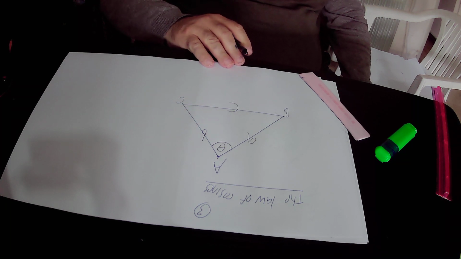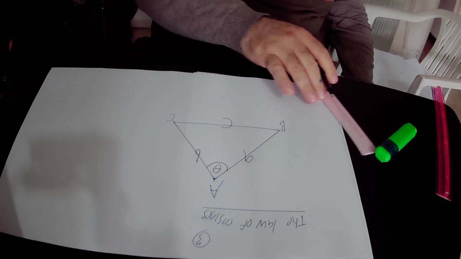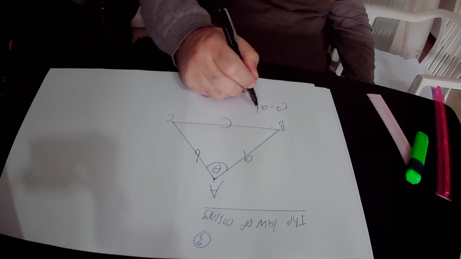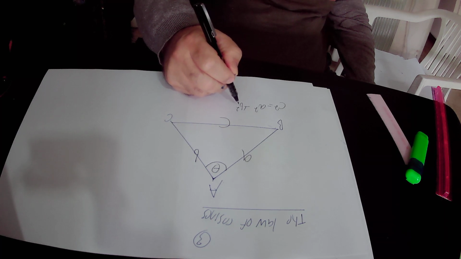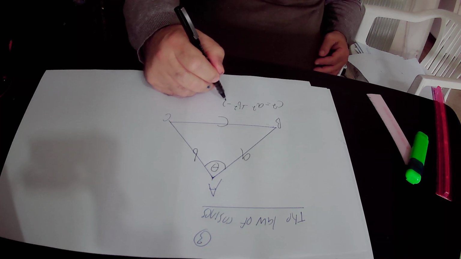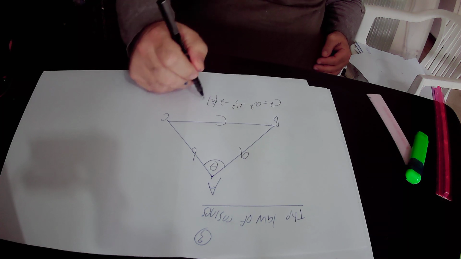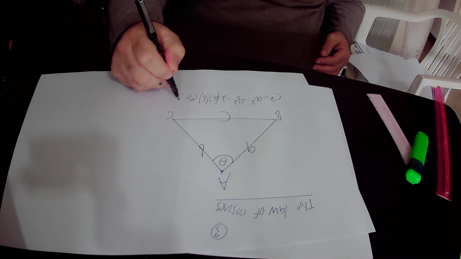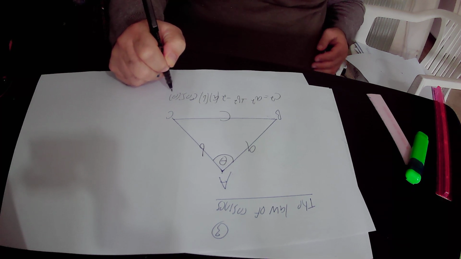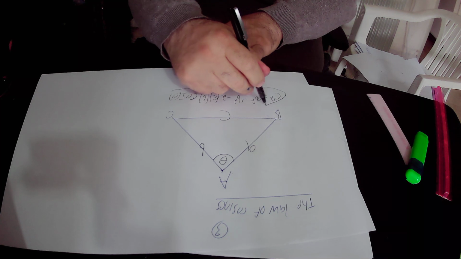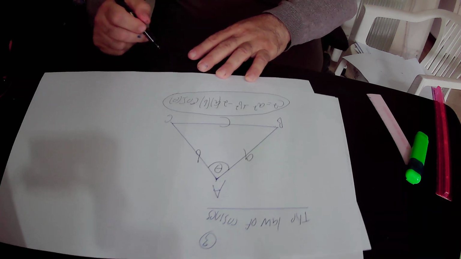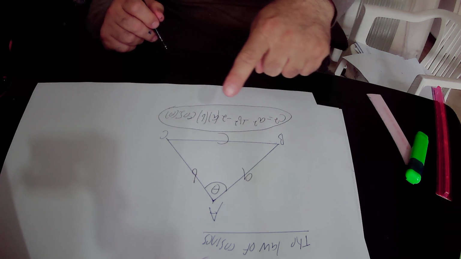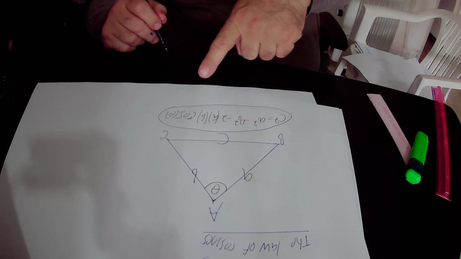Then, according to the law of cosines, we get that c squared equals a squared plus b squared minus 2 times a times b times cosine theta. I repeat again: in triangle ABC, c squared equals a squared plus b squared minus 2ab cosine theta.